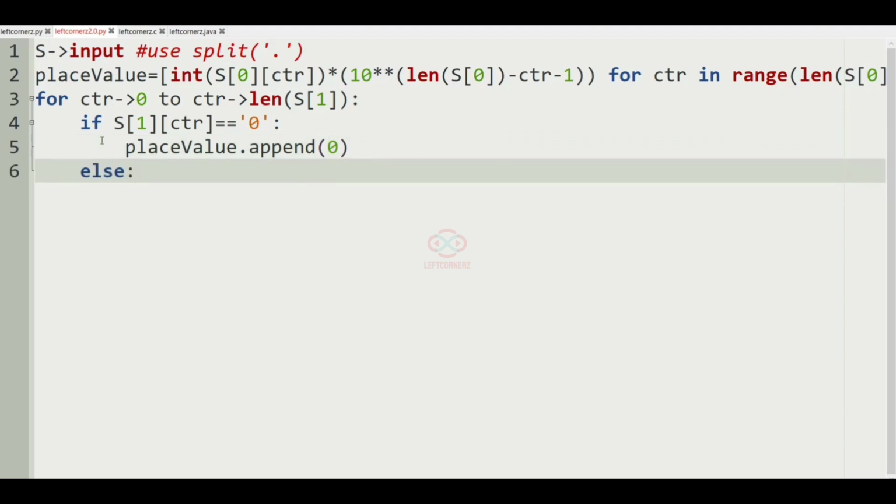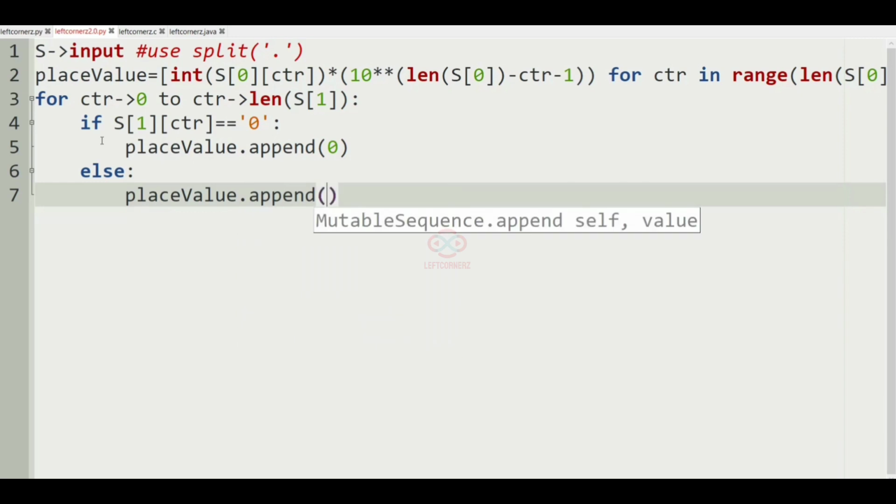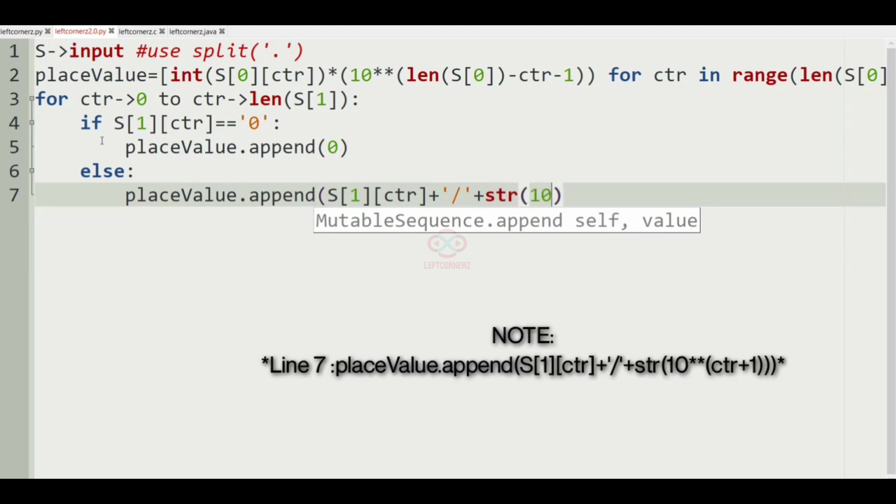In the else part we'll have place value dot append, so the place value will be appended with s of 1 ctr, then the division symbol, and then str of 10 to the power ctr plus 1.